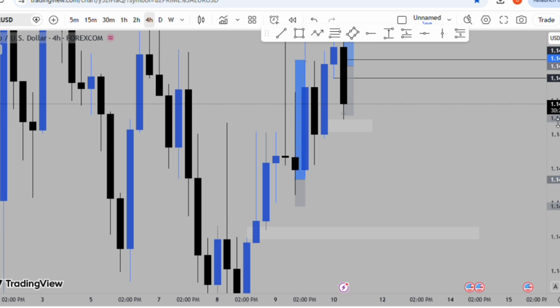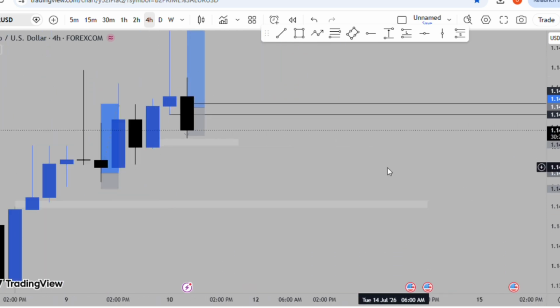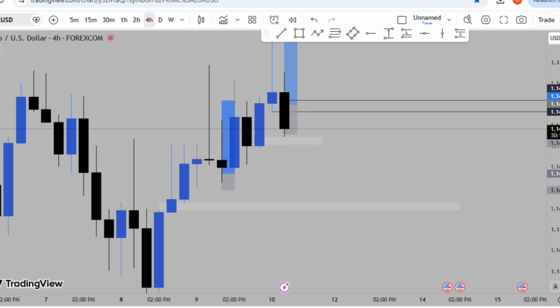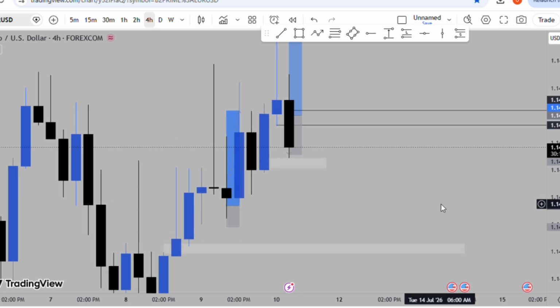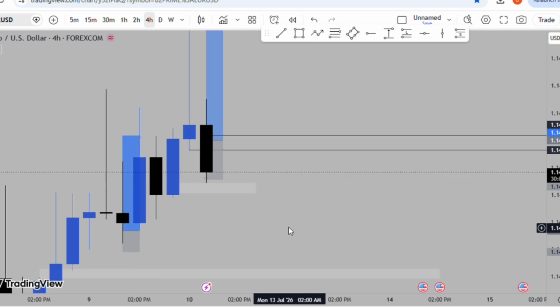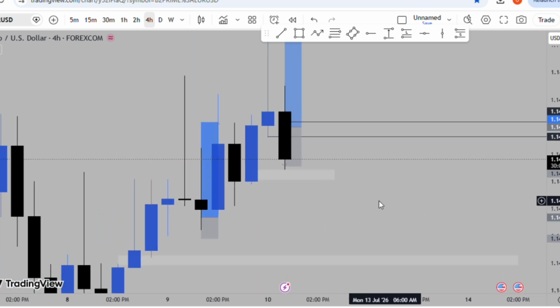Is there any valid order block? Okay, this is a fair value gap. This fair value gap will serve as our entry. You can see the formation here. After that, what next? Nothing. We're going to wait.